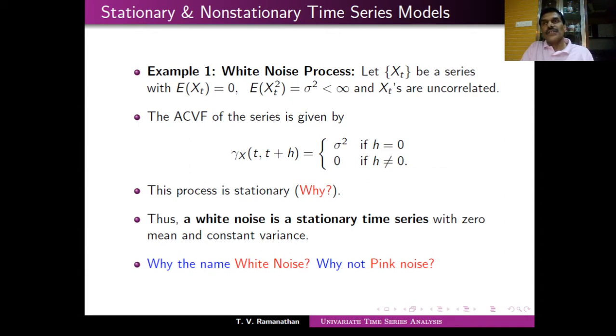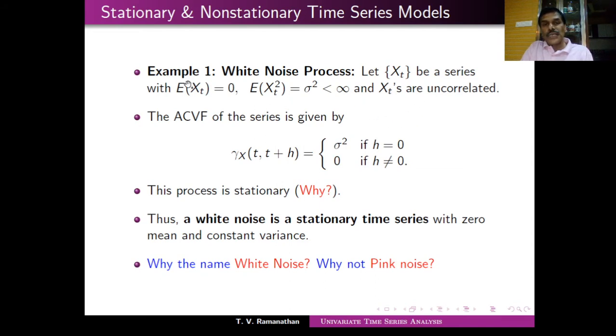So only three conditions are required. But if you have a distribution that is completely specified by these moments, then the definition of weak stationarity can be the same as that of strict stationarity.